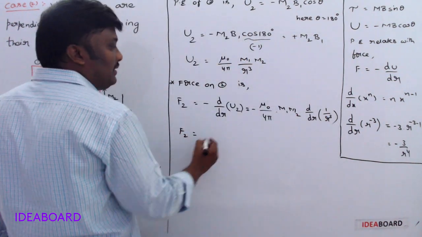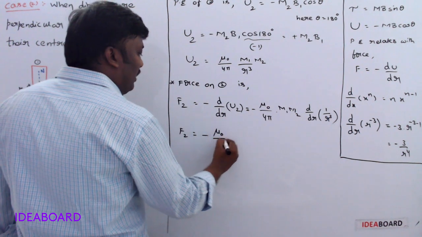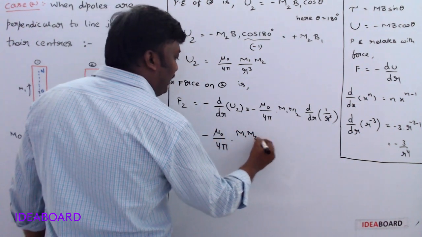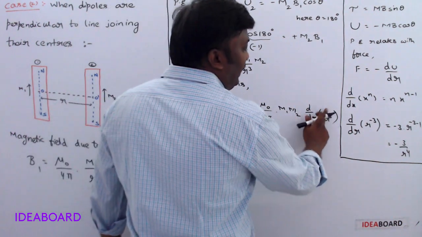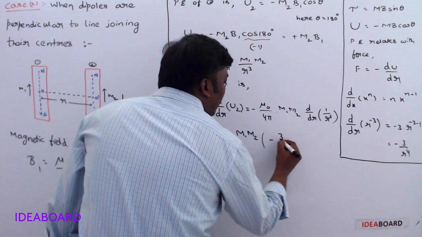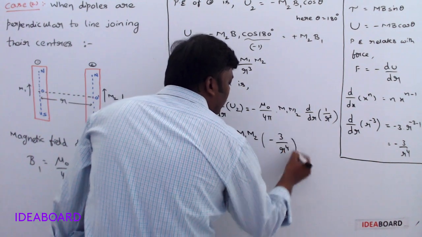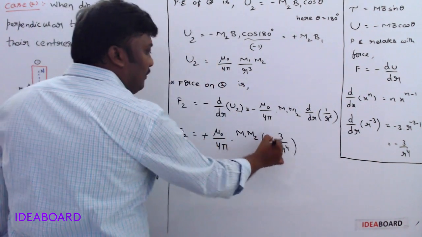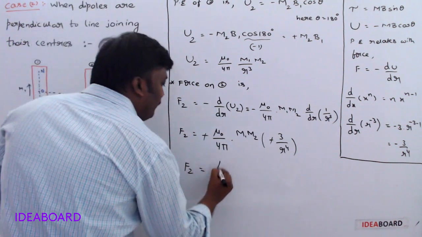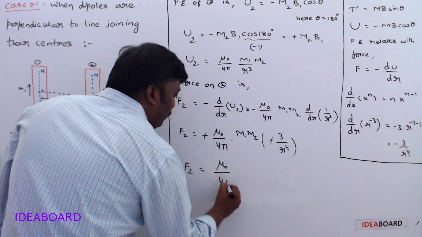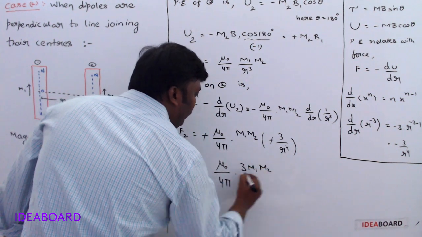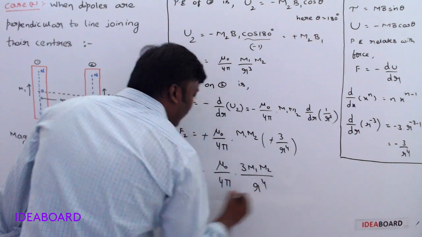Therefore F2 is minus mu naught by 4 pi m1 m2 times d by dr of 1 by r cube, which is minus 3 by r power 4. Minus cancels, then the value of F2 is equal to mu naught by 4 pi 3 m1 m2 by r power 4.